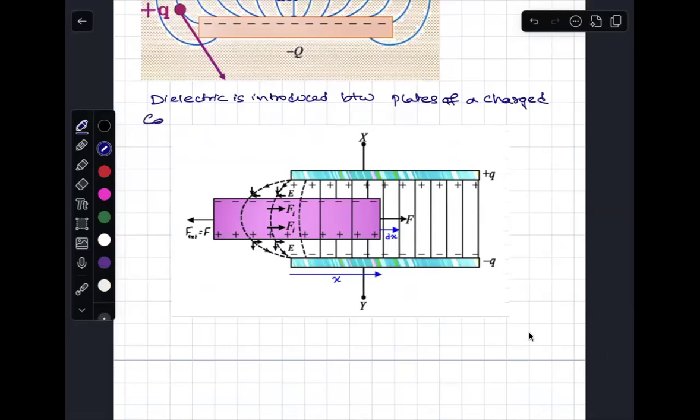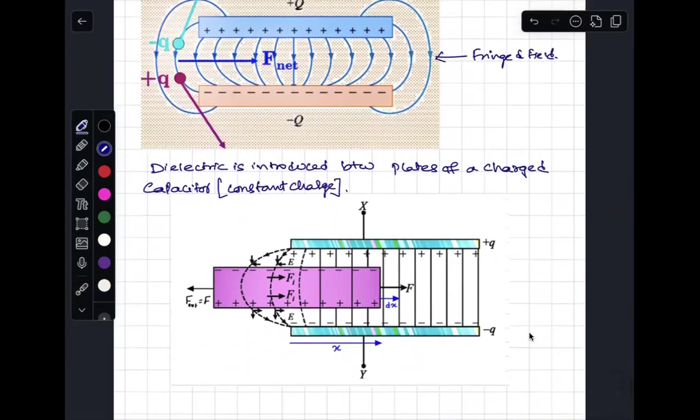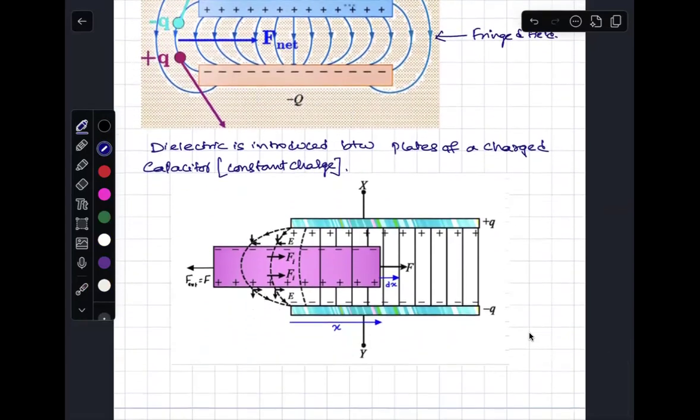There is no battery here, notice. So this comes under the constant charge case. Now, because of these fringed fields, the dielectric slab gets polarized and will experience an inward force also.